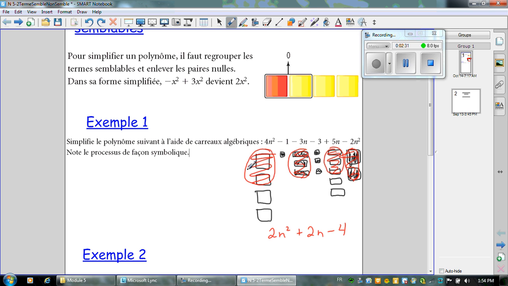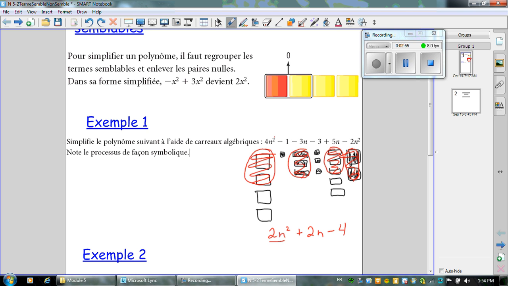Now this is using the tiles. You will not be using the tiles. This is just a way to help you from the beginning, but at the end of the chapter, the goal is to be able to do this process without doing the pictures. So just by looking and saying I have 4 here, I'm doing take away 2, that leaves me 2.